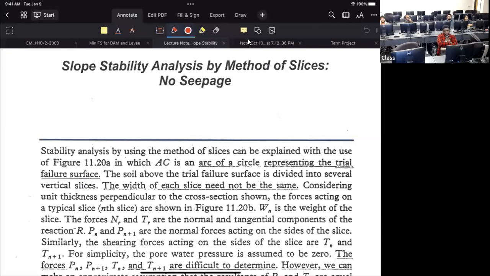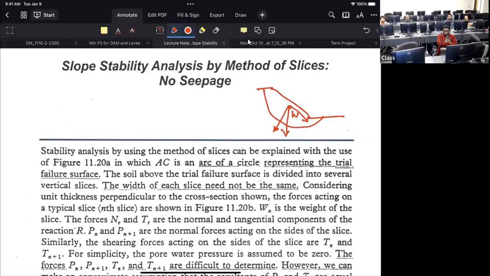So let's say we have this slope, it's like this, right? It creates a condition where there is some area, and the weight W of that always works downward. So that W will have components working the other way, right?